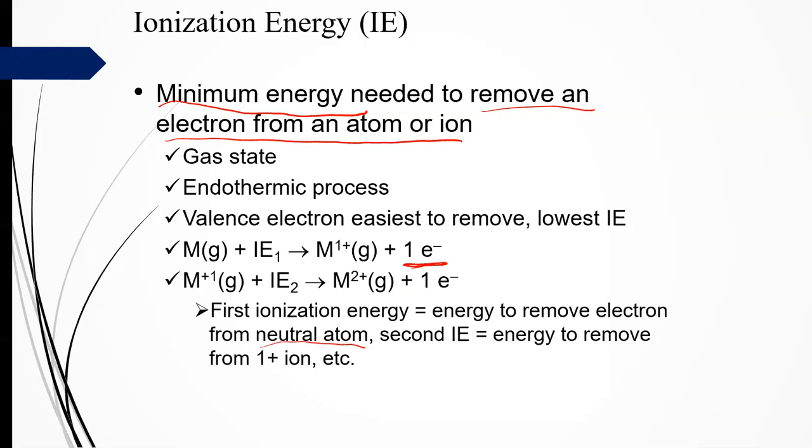It removes it from the +1 ion. So each time you go through it, you have to do each of those ionization energies separately. Right? First one and then the other. Now, normally we always remove them when they're in the gas state. And this process is what we call endothermic. So it always takes in energy for us to remove them.